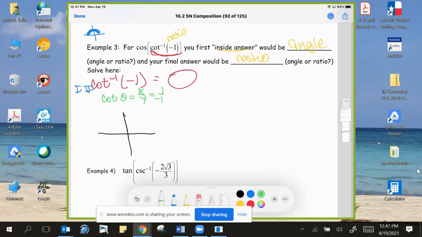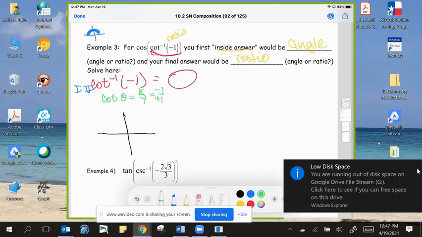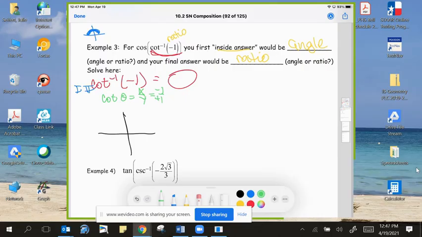But for quadrants 1 and 2, the only thing that could be negative is the x value. So we will have an x that's negative and a y that's positive, and those are the same value.